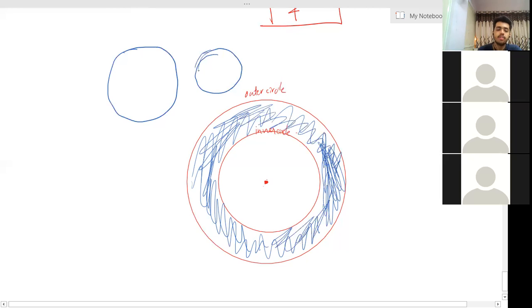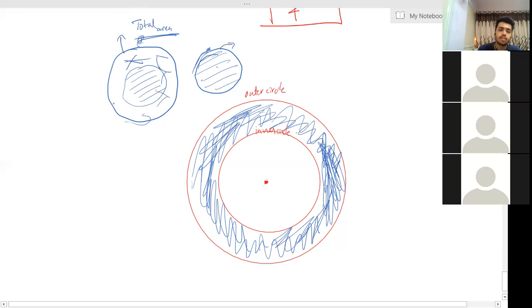When you subtract this area from the total area, you're going to get the remaining region, that is this shaded region, correct? So now let's do that.